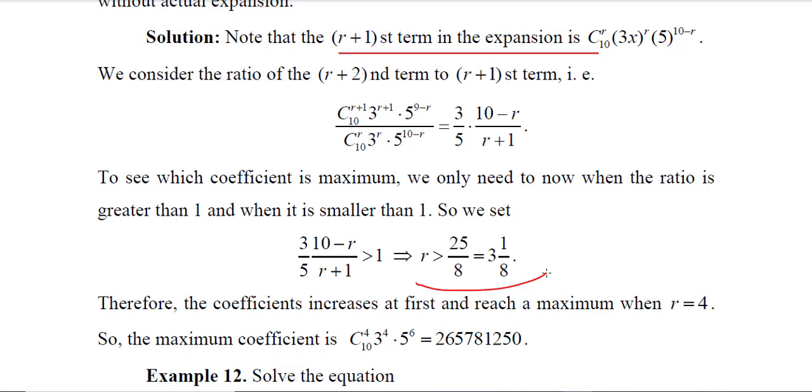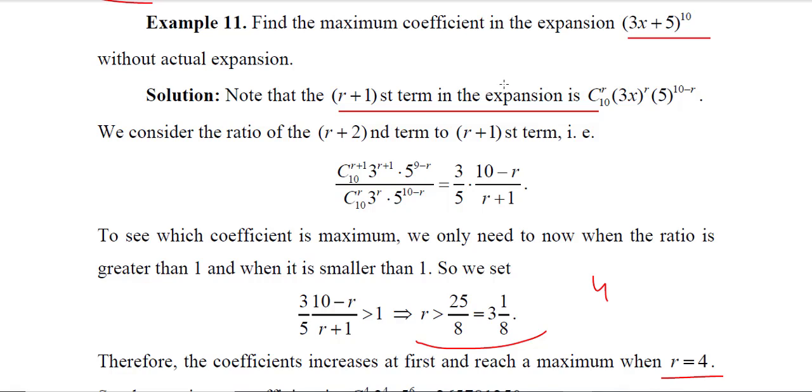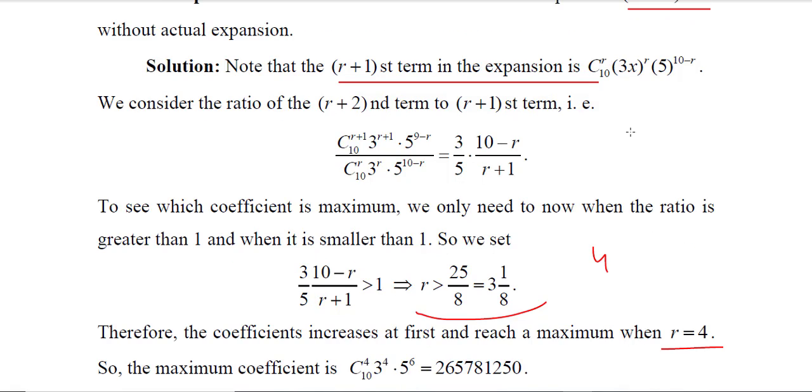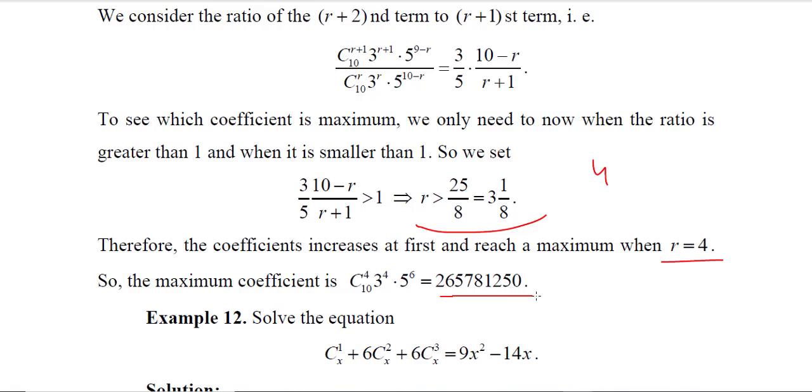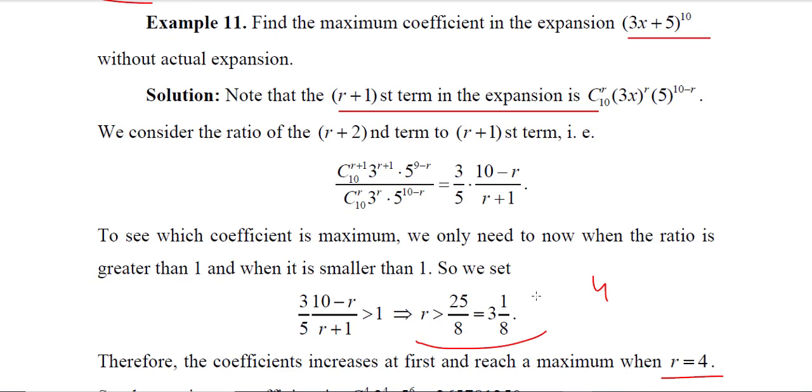Therefore, the coefficient increases at first and reaches a maximum at the next integer number, which is 4. So the coefficient reaches its maximum when r is 4. We just put 4 instead of r and we get this number. This is the maximum coefficient in this expansion.